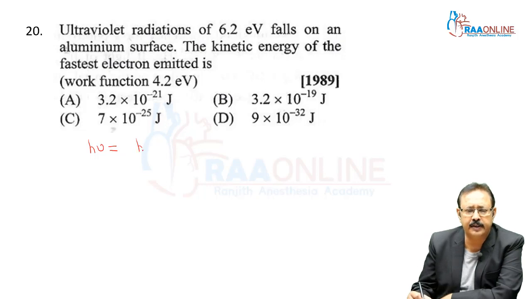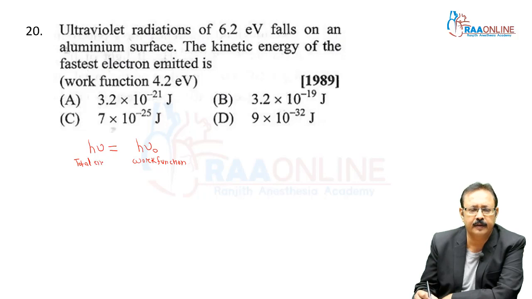One part is taking electron on surface, it is work function. It is total energy which you are sending towards metal, plus half mv square.